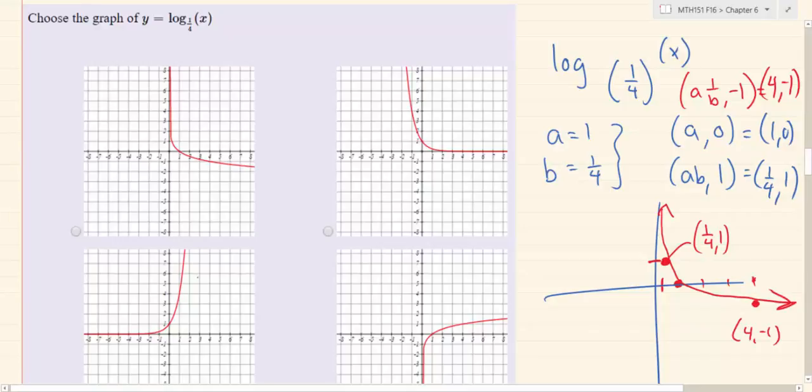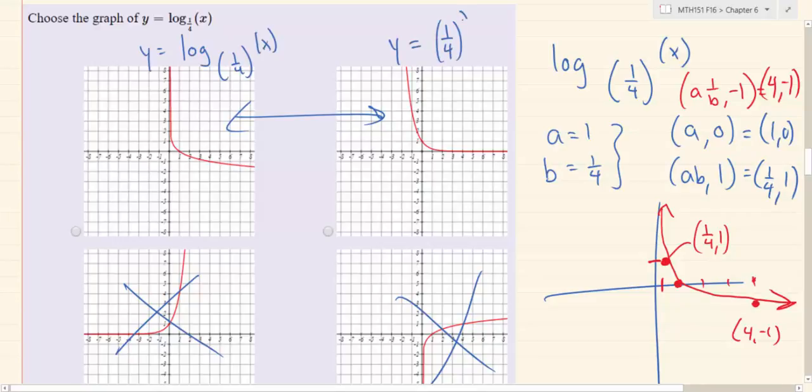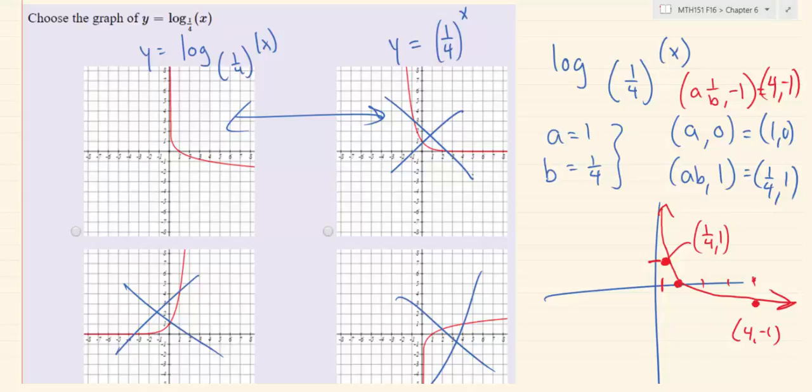So clearly this one's out, and this one's out. But what about these two? Log base 1/4 of x, 1/4 to the x power. So this one's disqualified because it's an exponential graph, exponential decay. The graph on the left is logarithmic decay. So not only can you have exponential growth and exponential decay, you can have logarithmic growth and logarithmic decay.